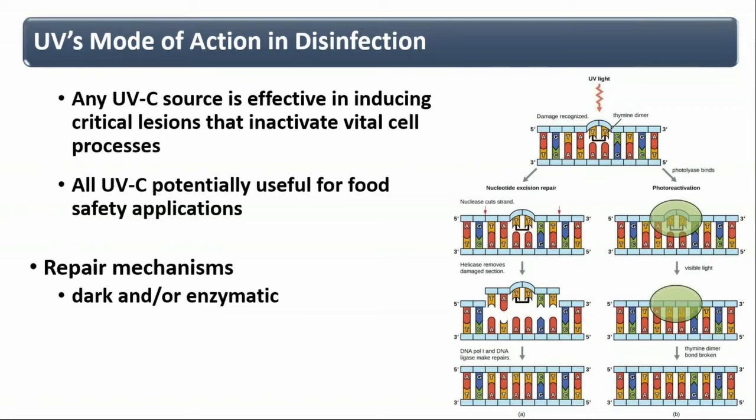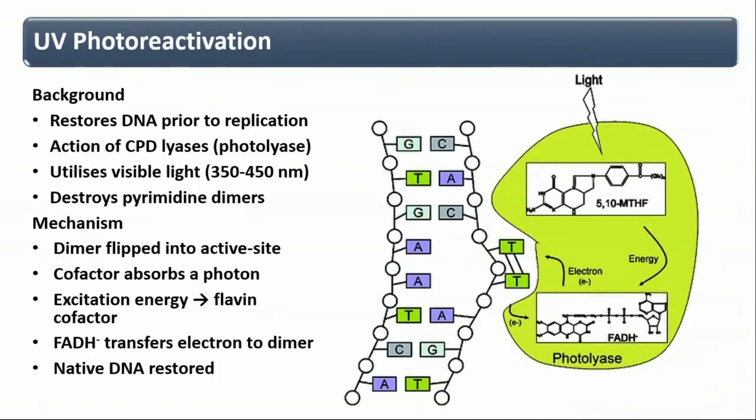We have photolyase bacteria, which will attach to the damaged site on the DNA, and through certain enzymatic processes will repair that damage. And I think we can see that in the next slide in a little more detail.